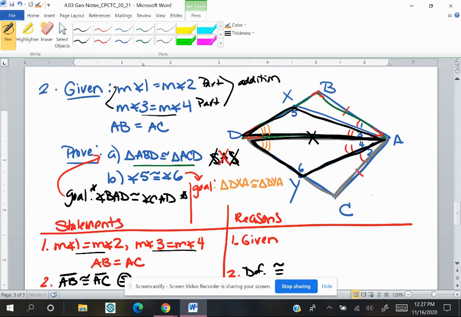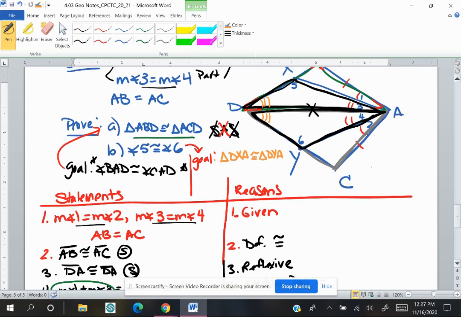If I can get these two triangles congruent, then I can get angle 5 congruent to angle 6. So how can I get those two triangles congruent? Well, that's what we were just talking about before. We already have a pair of angles, 3 and 4. We have the reflexive property, which I'm going to mark here. And then I have this angle. So that would be angle, side, angle. So by angle, side, angle, I can get those congruent.